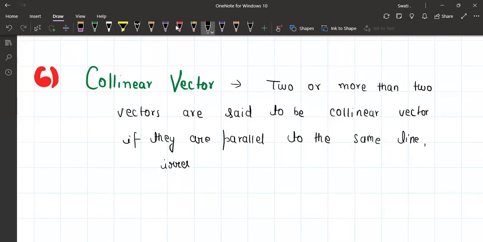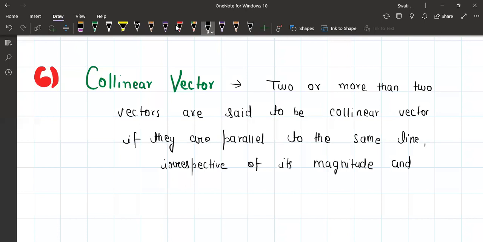That means the magnitude does not matter, the direction does not matter, it just needs to be in the parallel line. So here, irrespective of its magnitude and direction, very important point.